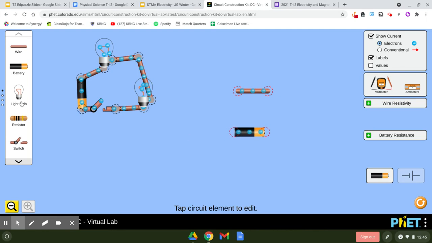If we make a parallel circuit and we provide multiple pathways for electrons to flow, we get a little bit different result. So with the same components, a light bulb and wires and a voltage source, we can create a circuit.